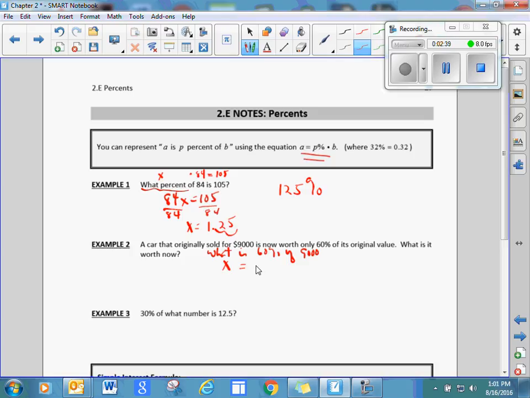So 60% is 0.60, or just 0.6. Of means multiply 9,000, and you end up with x equaling 5,400. You ask yourself, does that make sense? Yeah, it does.